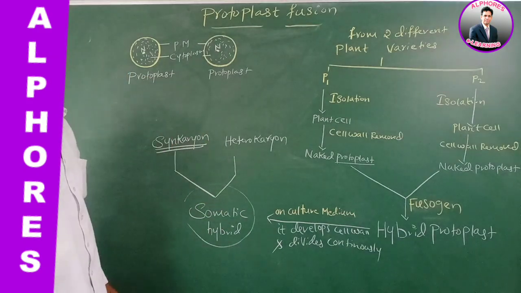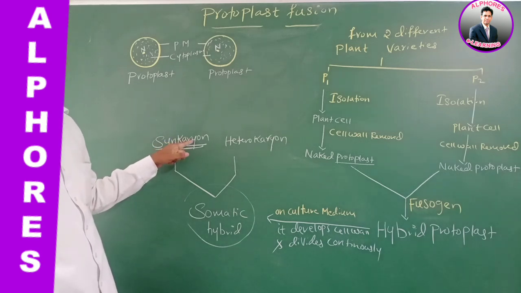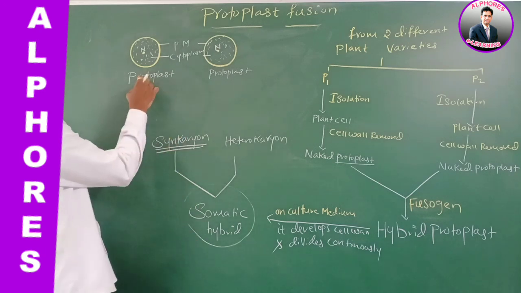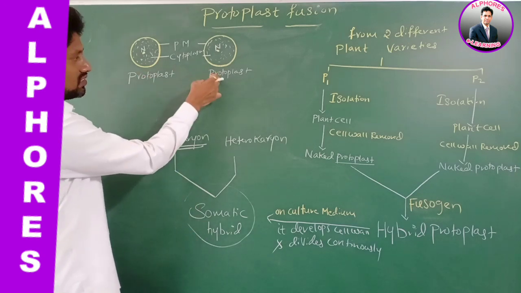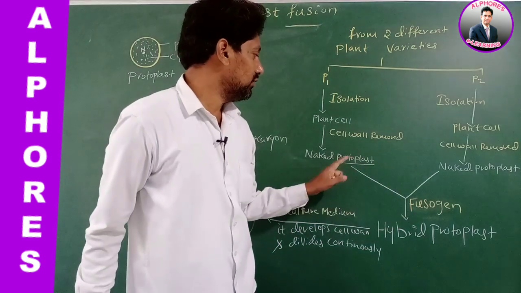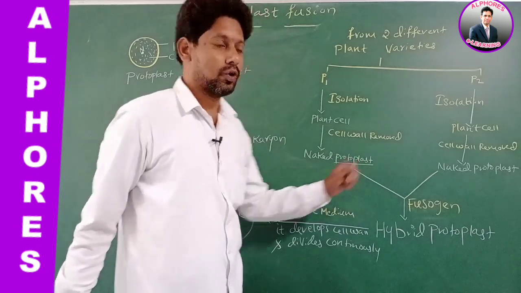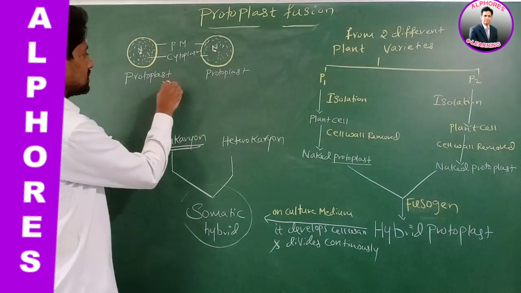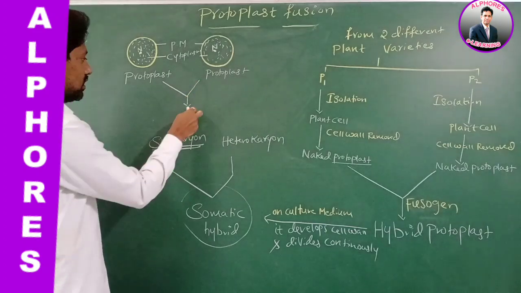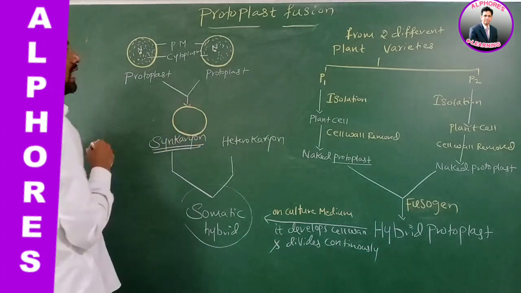The name itself indicates: syngamy means fusion, karyon means nucleus. It means fusion of nucleus. Now listen. This is a naked protoplast, and this is a naked protoplast. With the help of a fusogen, we are fusing these two naked protoplasts. When these two get fused, what happened?